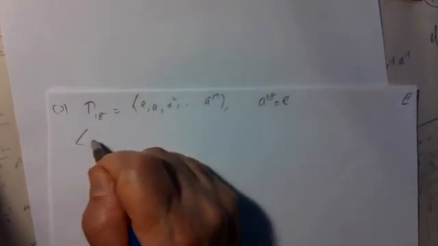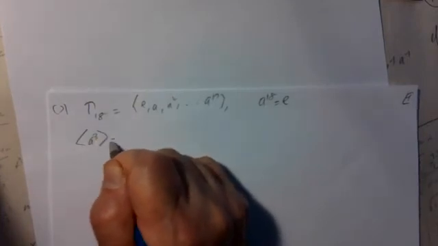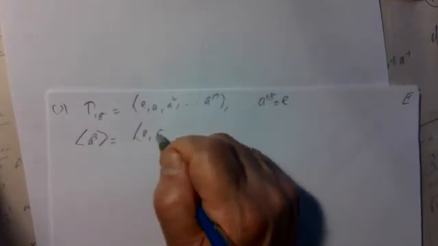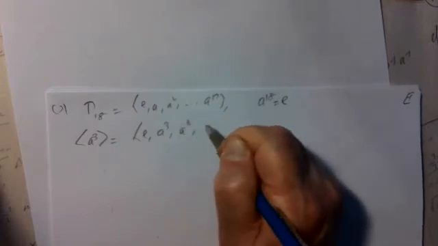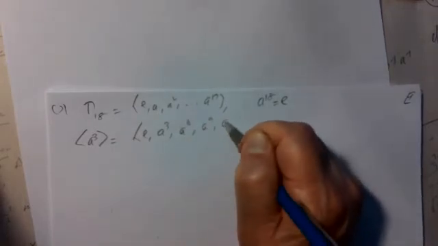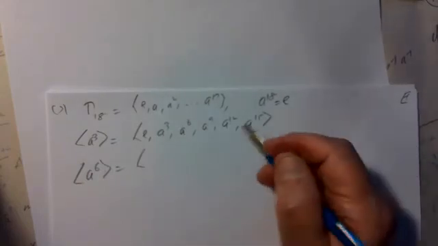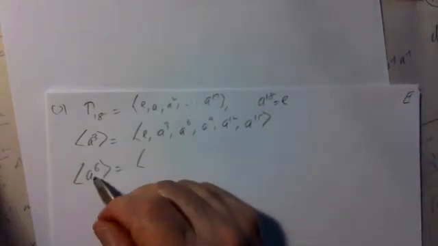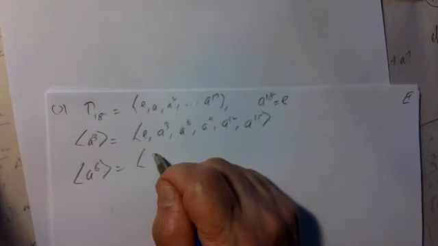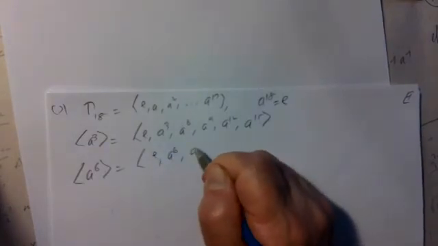The subgroup generated by a cubed is e, a cubed, a to the 6th, a to the 9th, a to the 12th, a to the 15th. The subgroup generated by a to the 6th, so this group had 6 elements in it. The subgroup generated by a to the 6th is e, a to the 6th, a to the 12th.